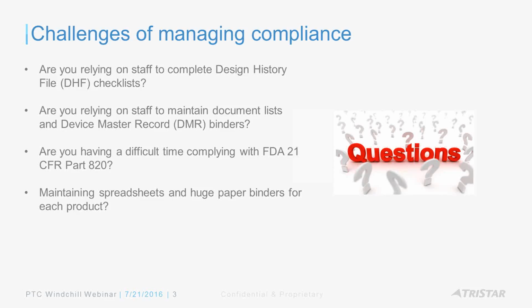And then, of course, a lot of spreadsheets are being used. Maybe physical printed out binders are being stored in some locations. But again, to validate and to track that information is very difficult.